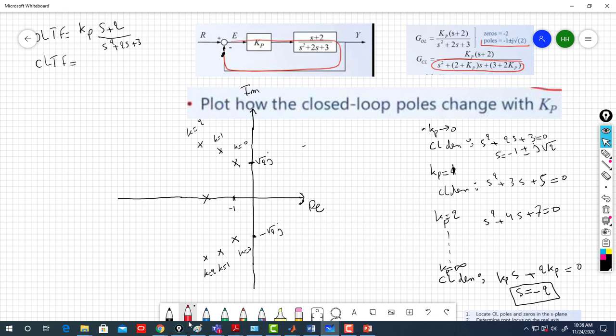It's the 0 of the open loop. S equal minus 2 is the 0 of your open loop system, right? If I want to put in red my open loop poles, those are my open loop poles and my open loop 0.